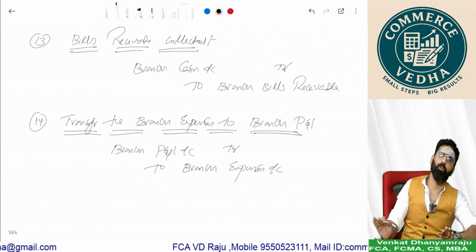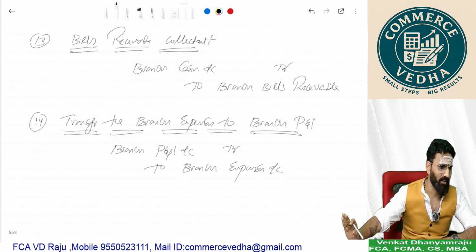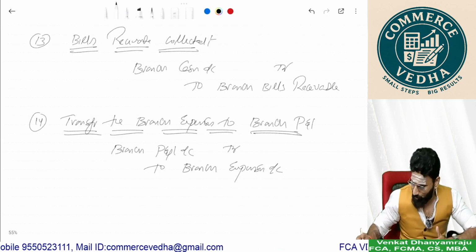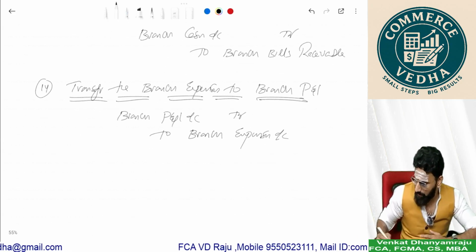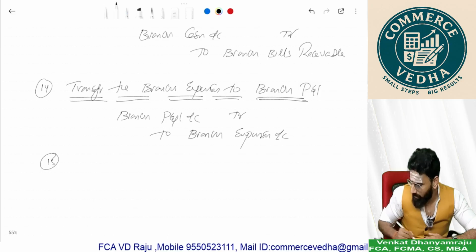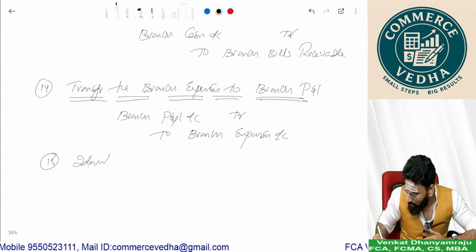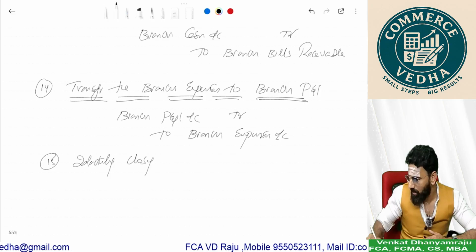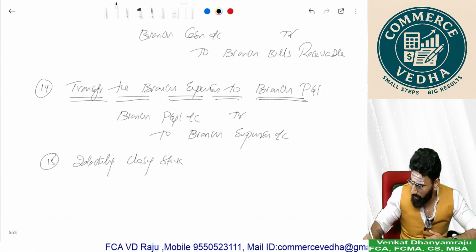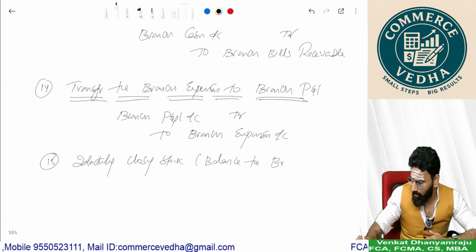Expenses should be zero. All nominal account balances must be transferred to P&L. That's the thumb rule. So branch P&L to branch expense. Expense cancel. Then what you should do? Identify closing stock, that is balance the branch stock account.